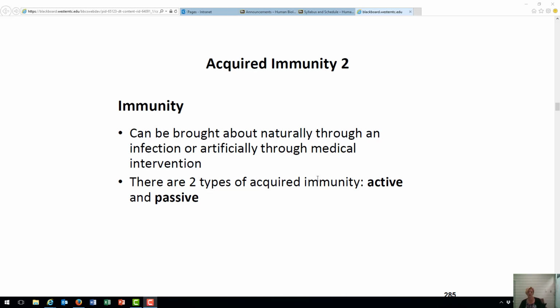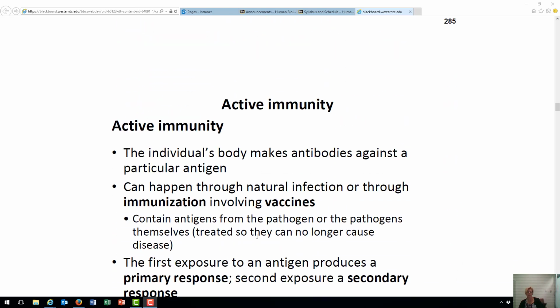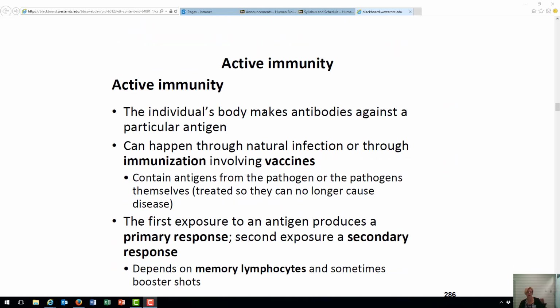So acquired immunity, which means it's an immunity that you develop after exposure, it can be active or passive. So active immunity is when our body makes antibodies on its own against an antigen, and that can be through vaccines. When we immunize, we develop antibodies to whatever is in that vaccine.